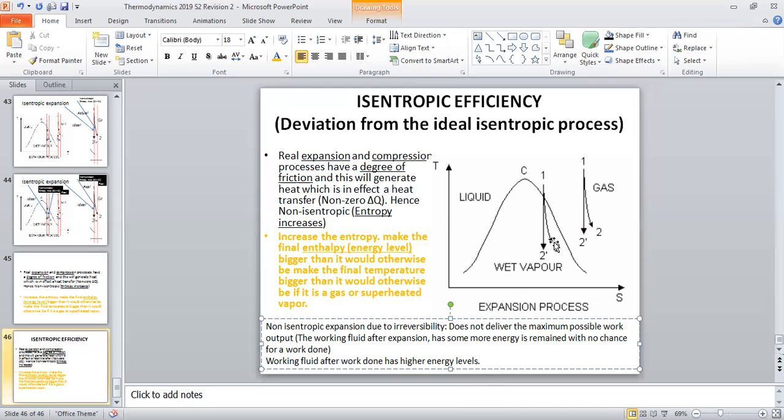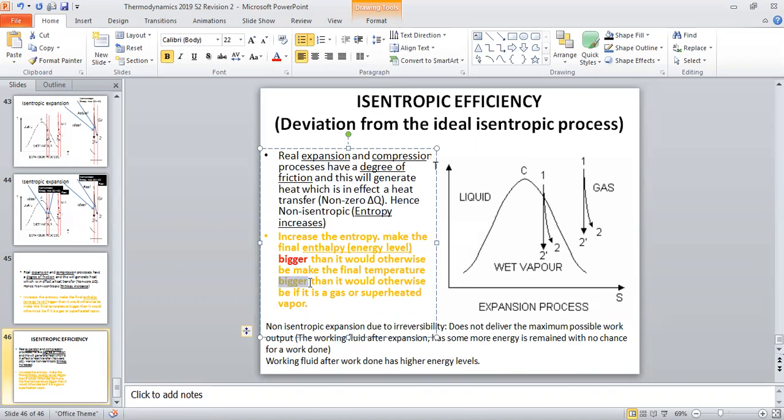Energy levels means enthalpy. Increasing entropy makes the final enthalpy higher, and the final temperature bigger.